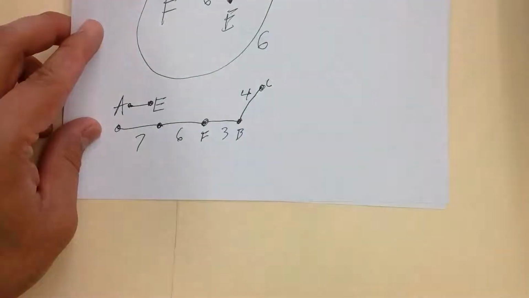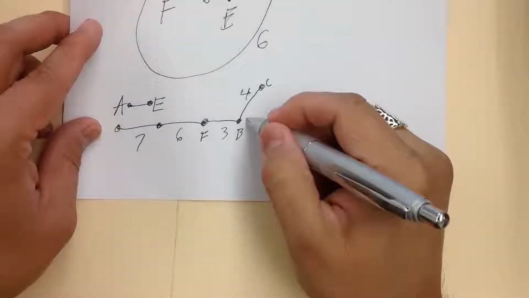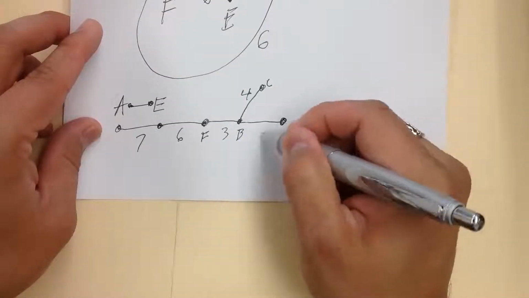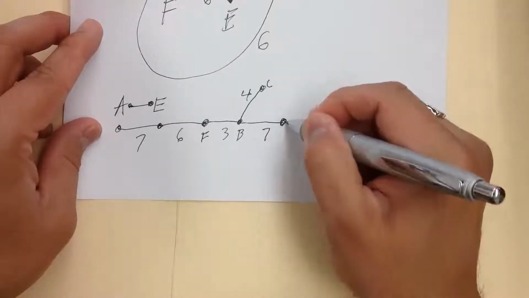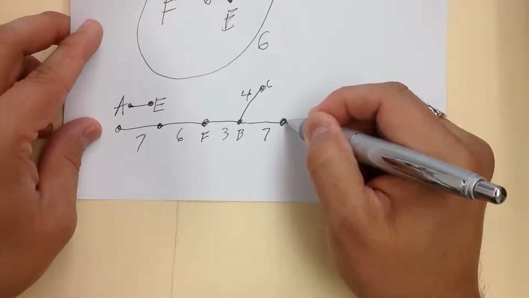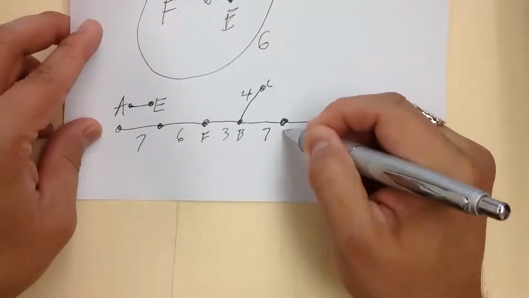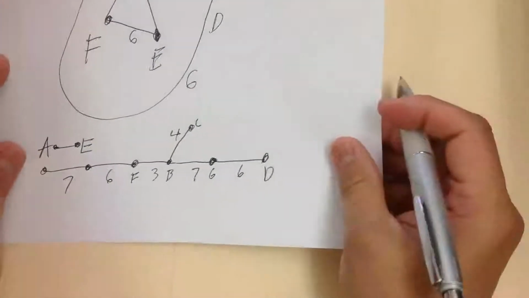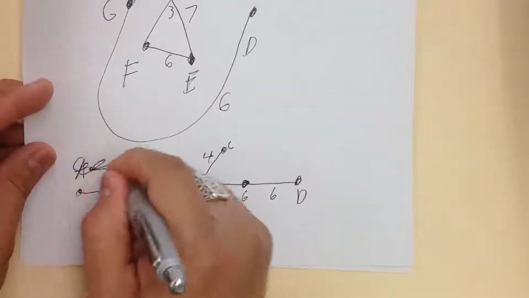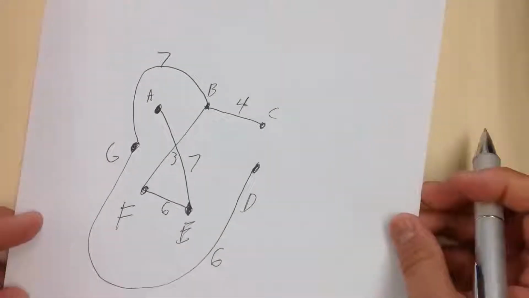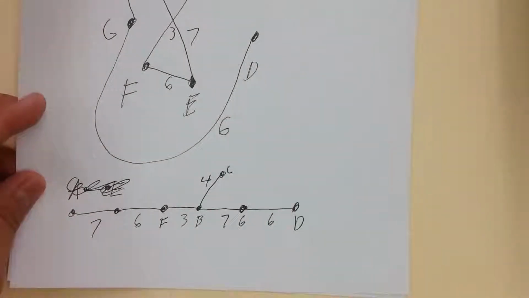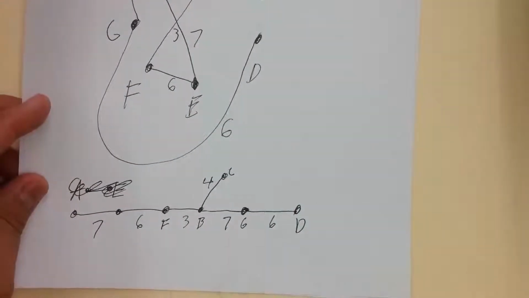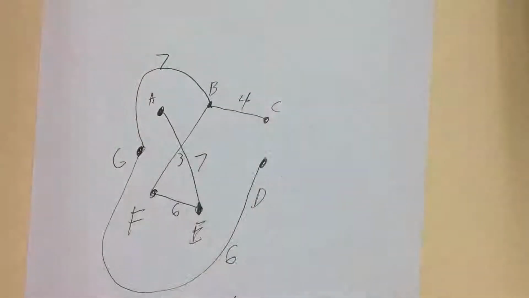And there's a reason why I put it off like that. B to G is 7. And G to D is 6. And they're all connected like that. So if you wanted to graph it like that or that, however you want, it'll all work out. This right here works for me.